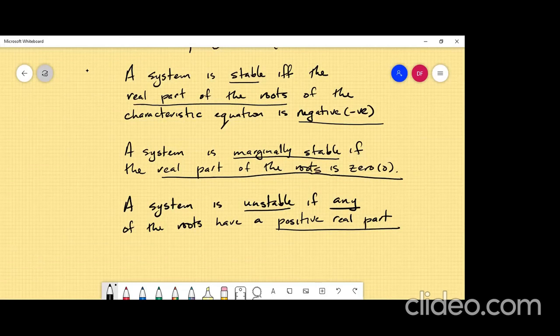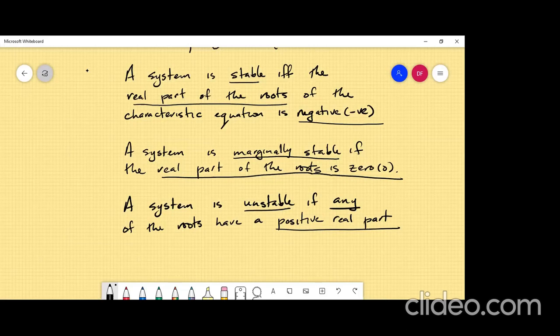I should put an S on here. So now we want to use that to assist us. So we can look at a problem.